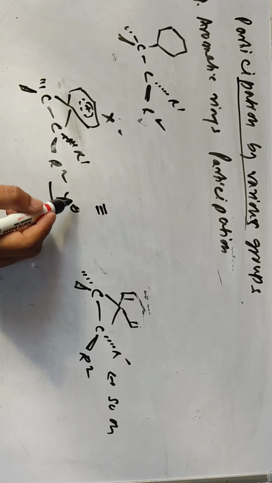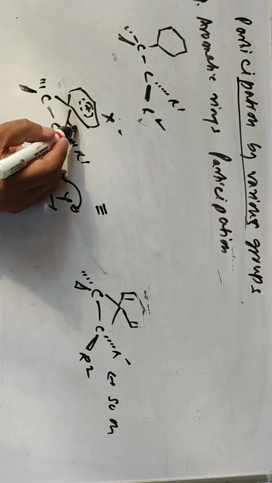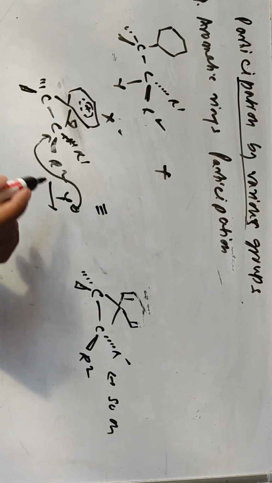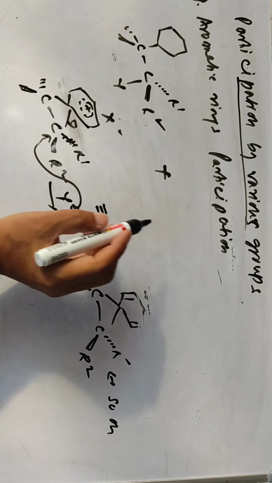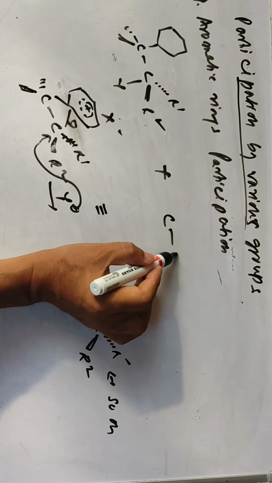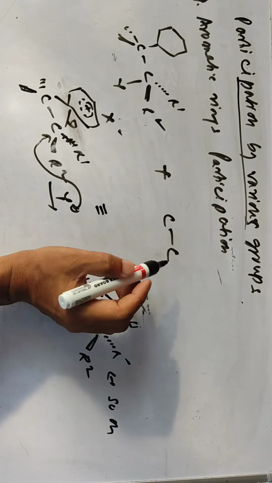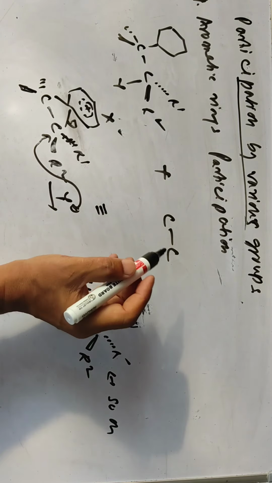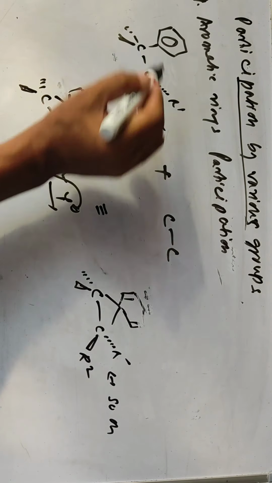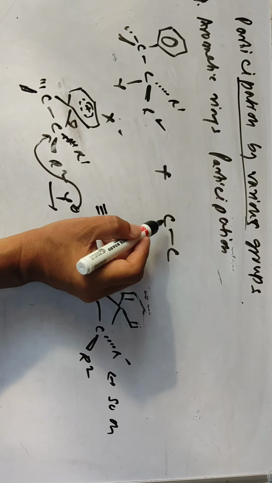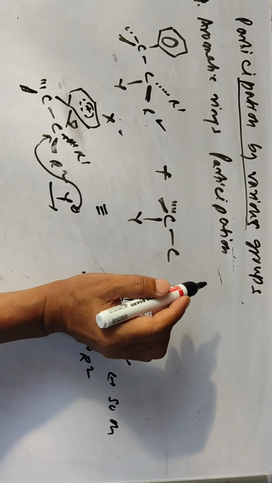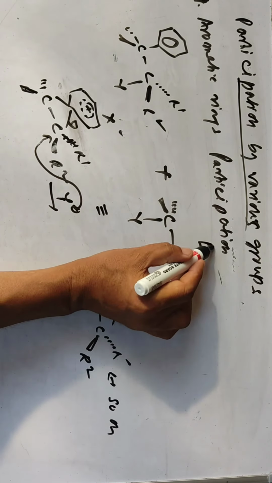Then Y attacks from this side, so it goes this way. For the other product, if Y attacks this side, then again this way. So rotation takes place, and here rotation will come to this one, with the phenyl group here. Now Y attacks here, and then we have this one and this one, and the phenyl groups here.